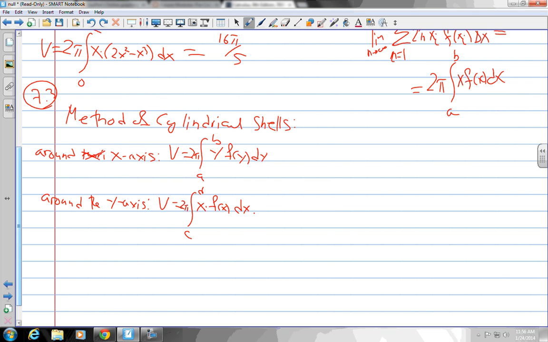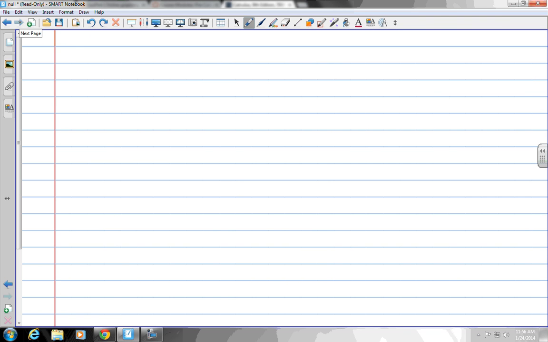So I want to do this one example. We're going to do it a few different ways. So let's say here's the region bounded by y equals x squared. And let's rotate around the x-axis.